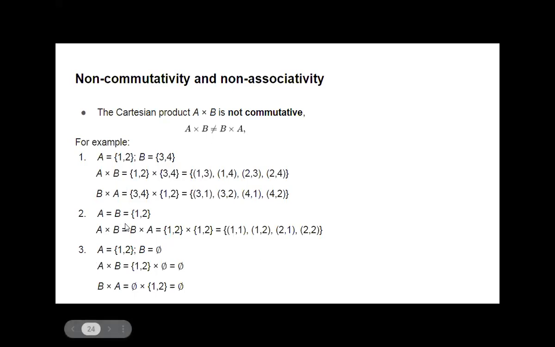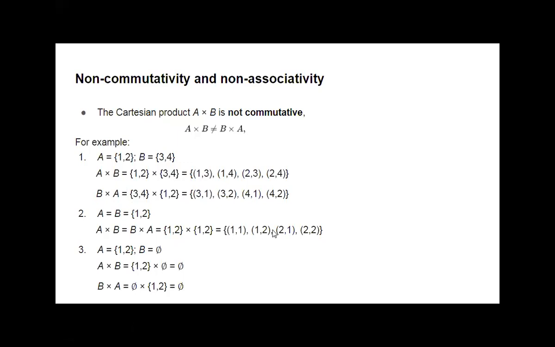Getting? And {1, 2} cross {1, 2}, only one set is going to be there. Two different sets will not be there for A cross B and B cross A, because set A is equal to set B. So {1, 2} cross {1, 2}, what will it be? (1, 1), (1, 2), (2, 1) and (2, 2).